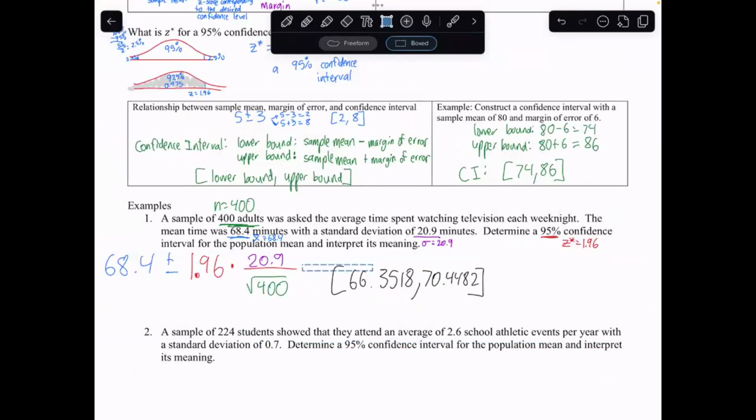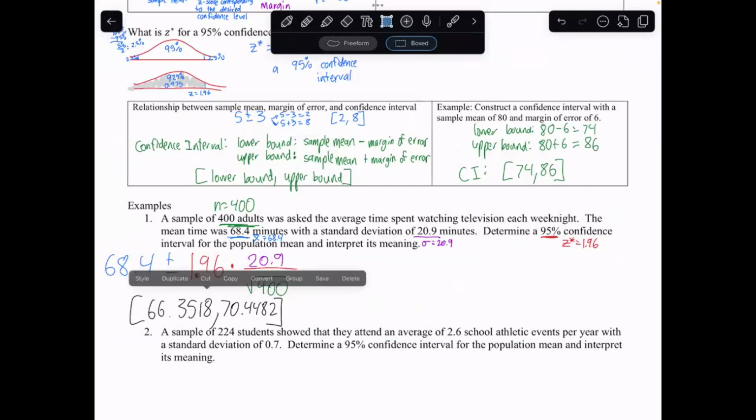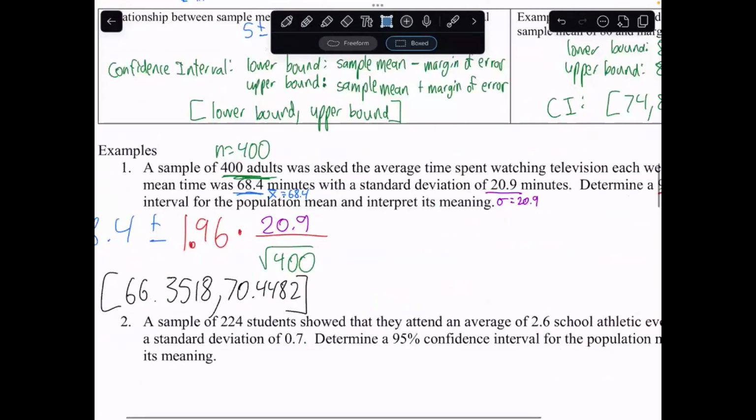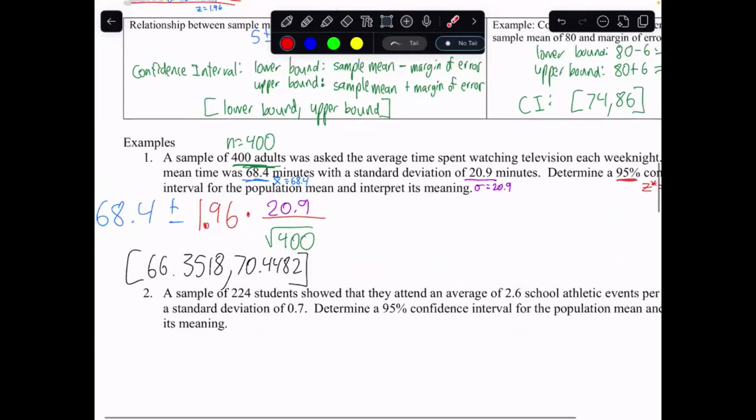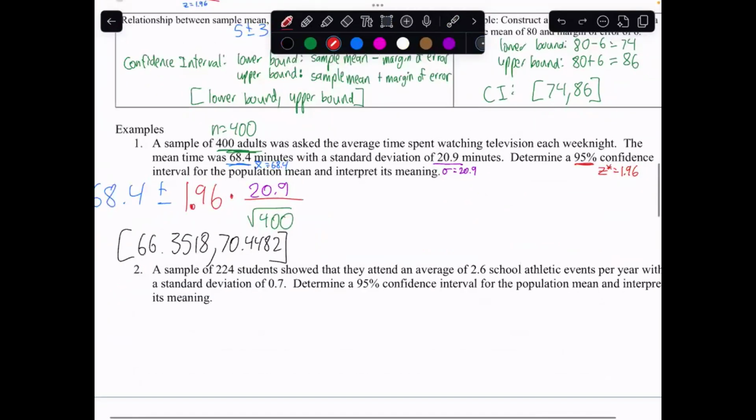Okay, but now we need to interpret the meaning because these numbers are not helpful if you don't understand what they represent. Okay, so here's the phrasing that we will use to describe the meaning of this. We'll say with 95% confidence.